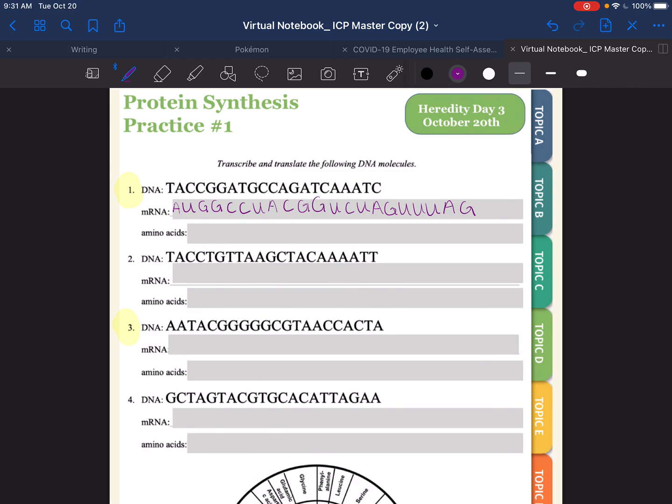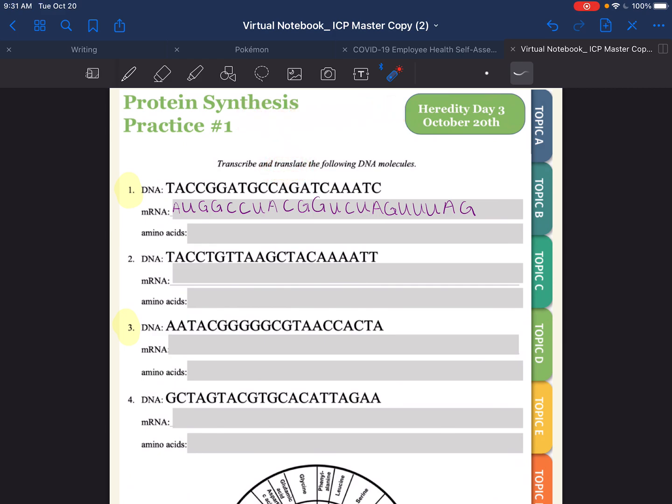So, my next step is I want to take this message, my messenger RNA, it leaves the nucleus and it goes to the ribosome where we're going to translate it. Here's how translation happens.